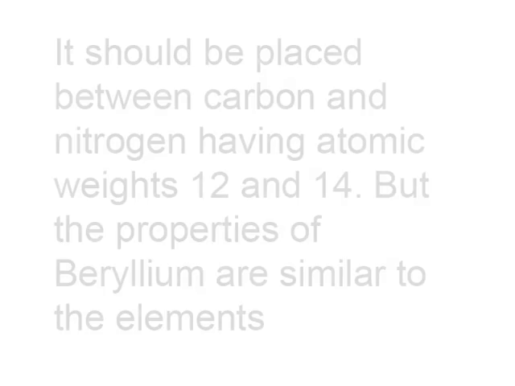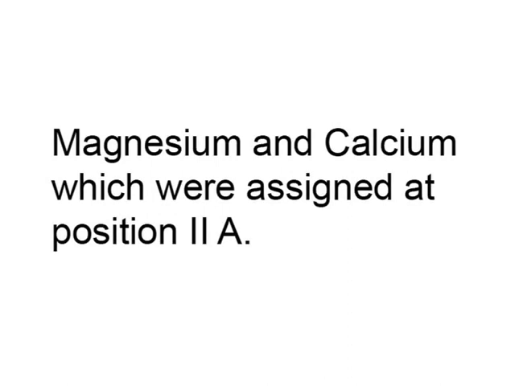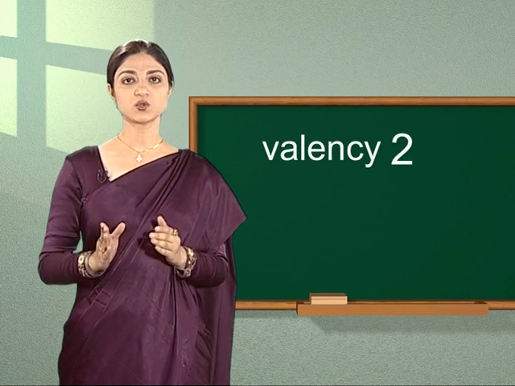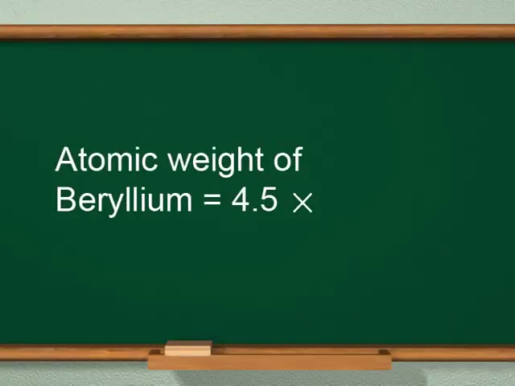If it was correct, it should be placed between carbon and nitrogen having atomic weights 12 and 14. But the properties of beryllium are similar to the elements magnesium and calcium, which were assigned at position 2nd A. Therefore, Mendeleev had assigned valency 2 to beryllium. As per valency 2, value of its atomic weight comes out to be 4.5 into 2 equals 9.